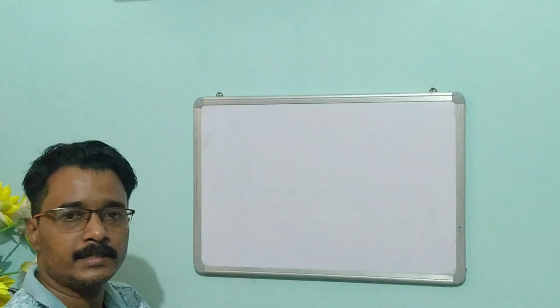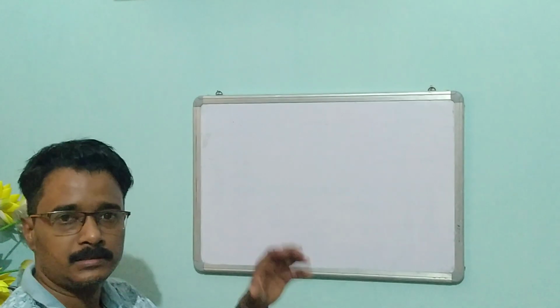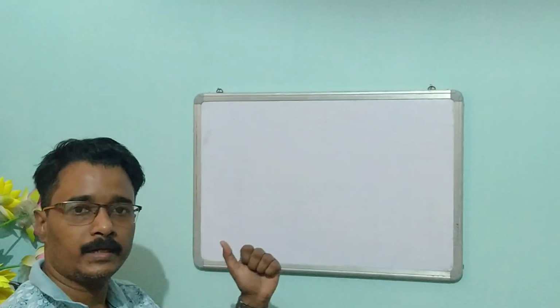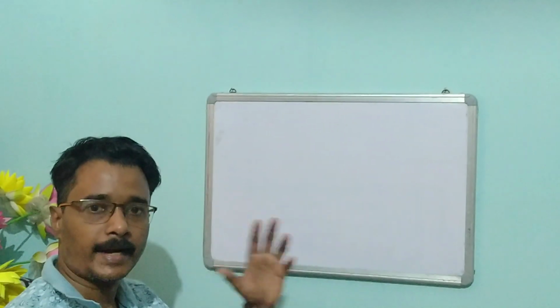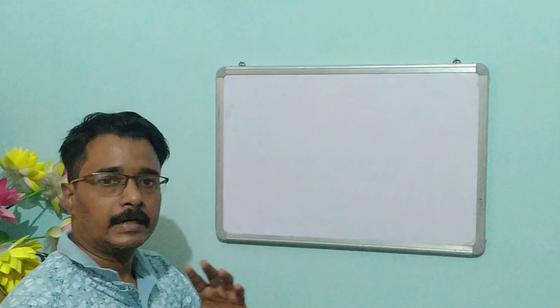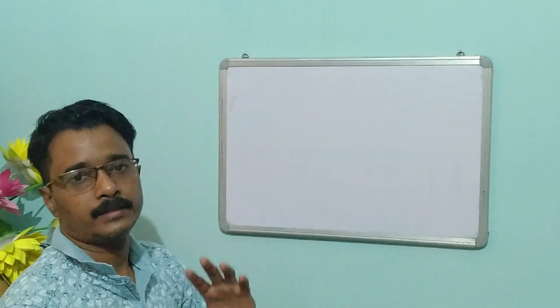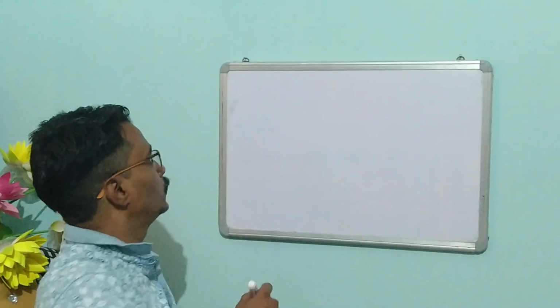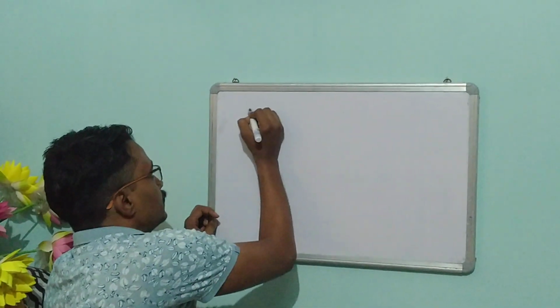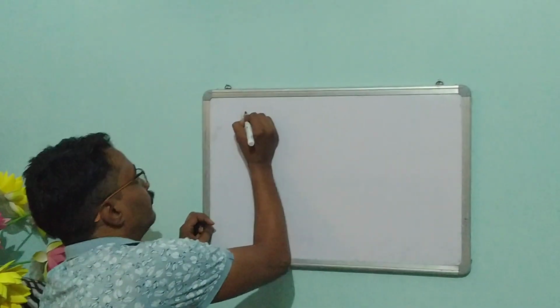So the binary search tree, we know, is a binary tree where every node of the left subtree is lighter than the root, and every node of the right subtree is heavier than the root. So let me start to construct a binary search tree. Let it be 15.